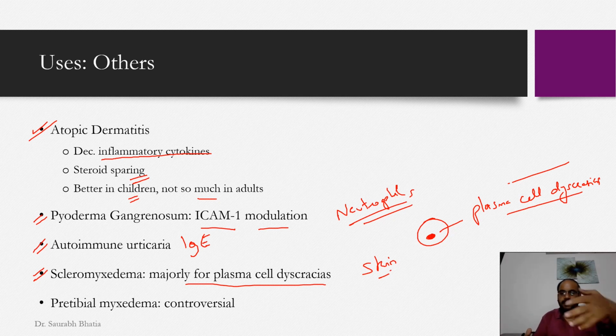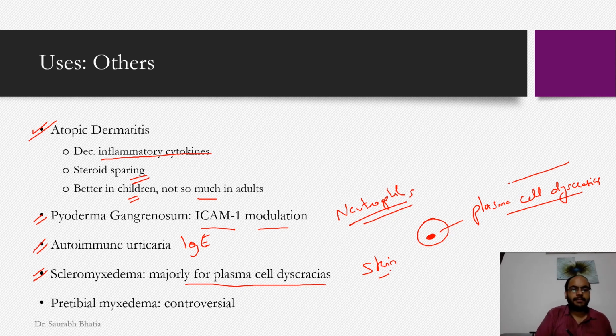And we know that IVIg decreases the formation of all of these endogenous immunoglobulins, and that is why it's very helpful in plasma cell dyscrasias and in scleromyxedema, where the skin symptoms also improve.